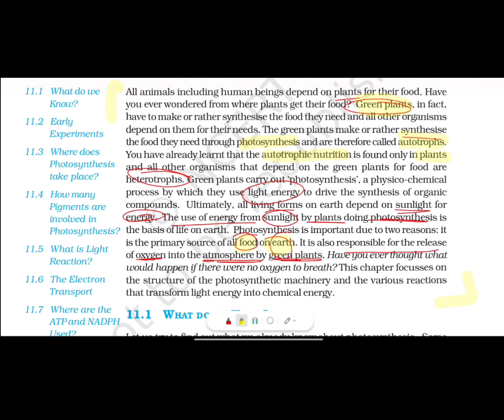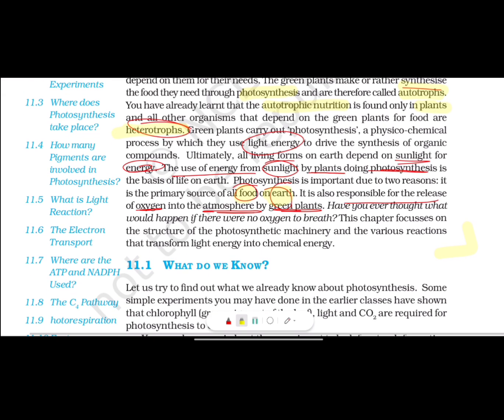The main theme is that plants make their own food, and so they are called autotrophs, and the mode of nutrition they perform is called autotrophic nutrition. The organisms which depend upon the plants for food are known as heterotrophs. Examples of heterotrophs are human beings and animals.